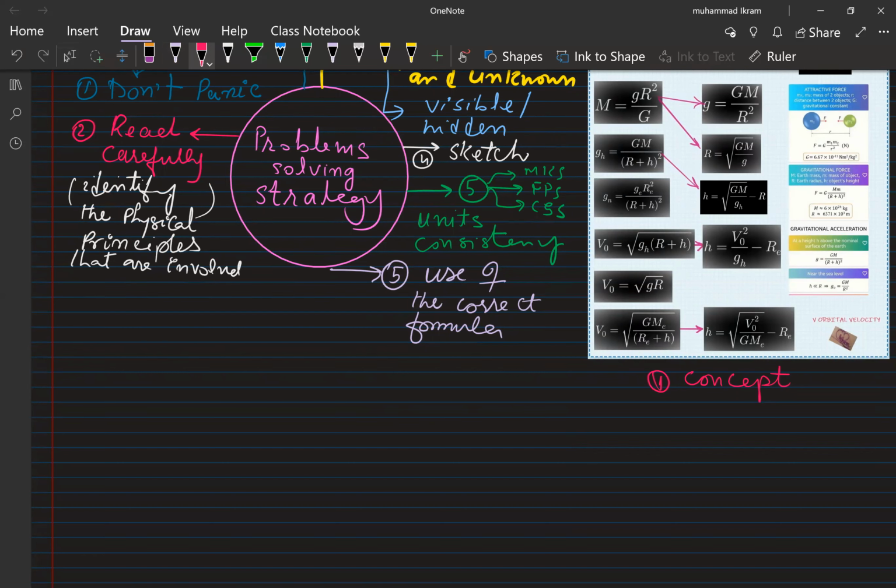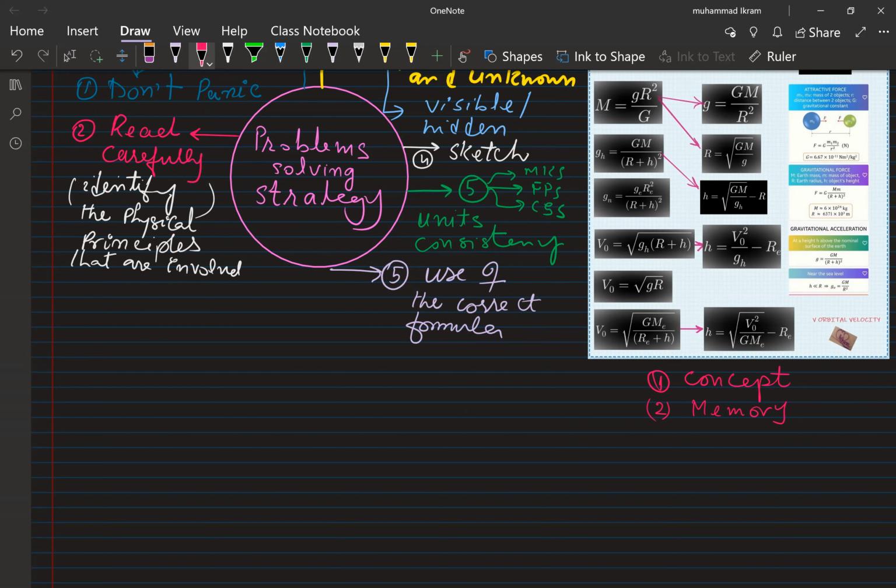So concept is very important, that you should have the concept of your subject and the numericals. The second important point here is your memory. You must have a very strong memory.